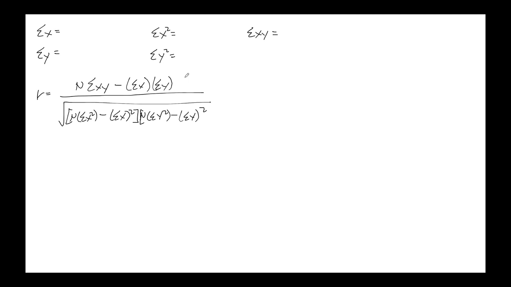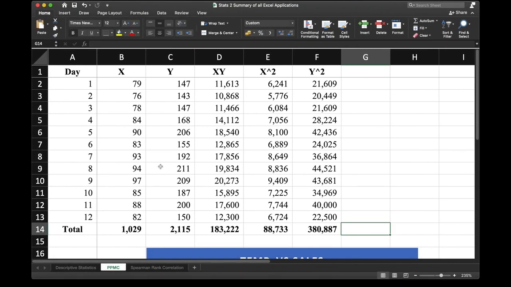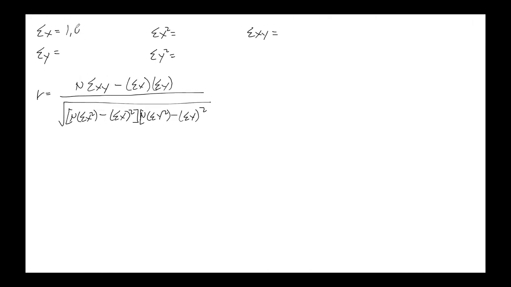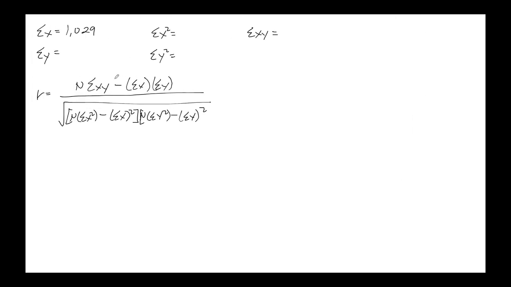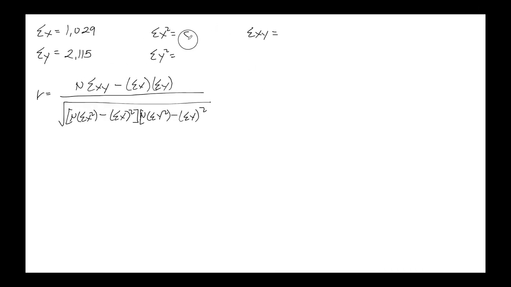Let's go back to Excel para makita ninyo yung mga values. Summation of x muna. So we have 1,029. Summation of y, we have 2,115. Summation of x squared. Where's x squared? This. 88,733.